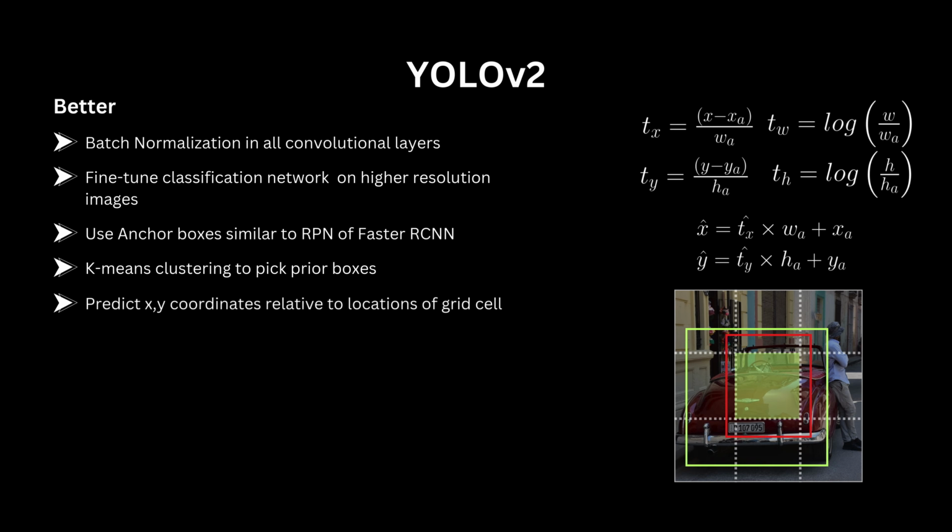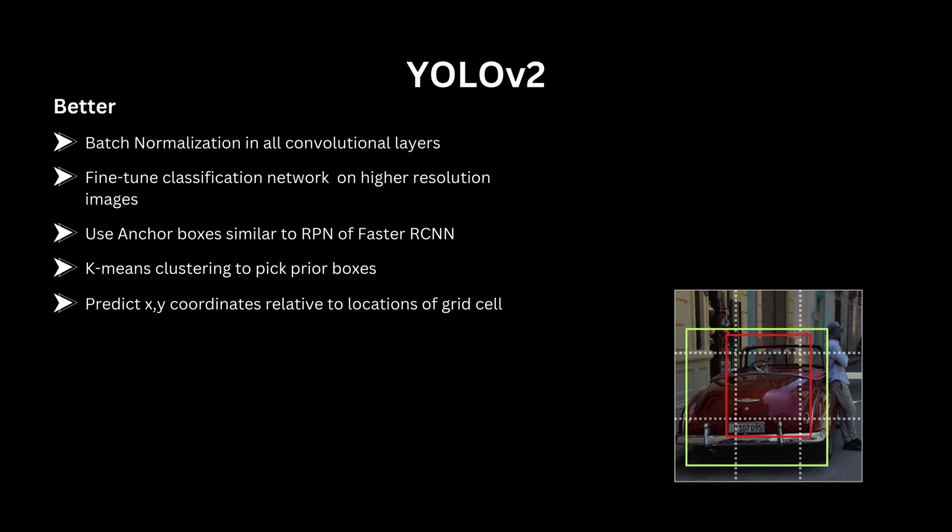To fix that, the authors use the same mechanism of XY prediction as YOLOv1 with a minor change. Like YOLOv1, for XY predictions, given the center of ground truth box, the model is trained to predict offsets from the top left corner of the grid cell that contains the center.